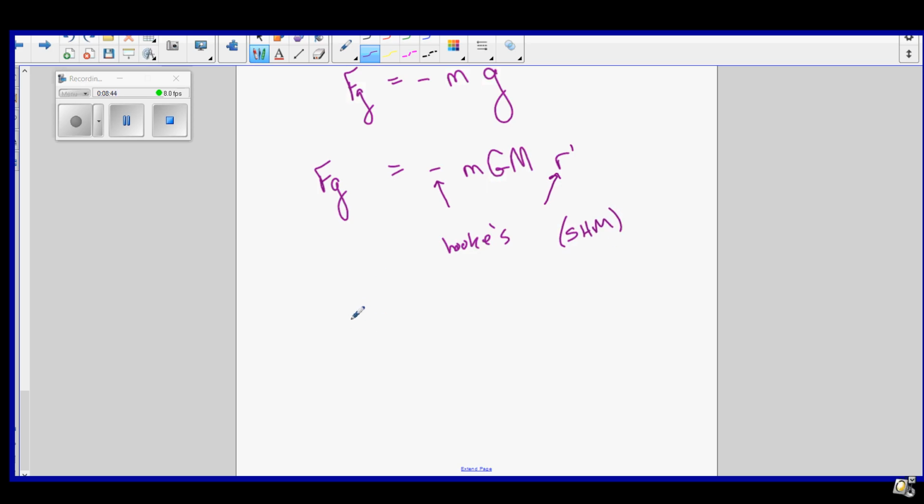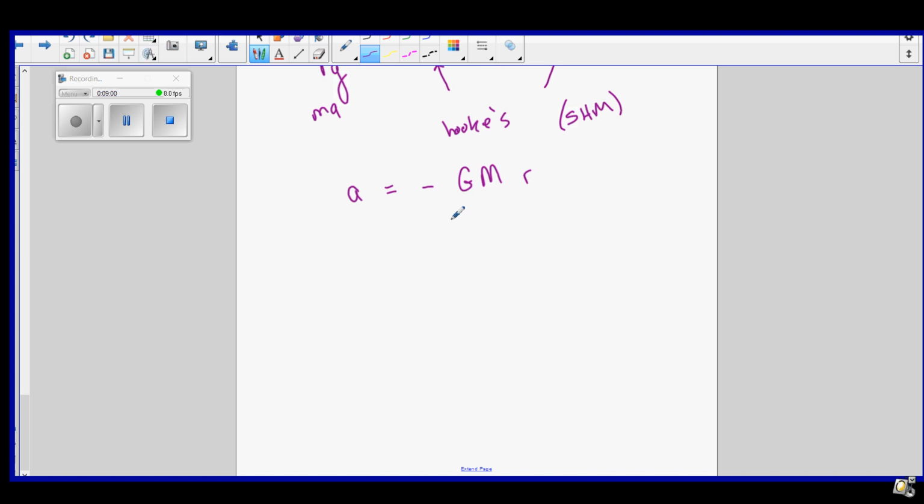And if it's in simple harmonic motion, then we can use the acceleration. So Fg is just ma, so I'll divide by your mass, and we get just GM times r. So if the acceleration is both linear and restoring, then we have simple harmonic motion where the constant in front of our displacement to the first power, GM, is just omega squared.